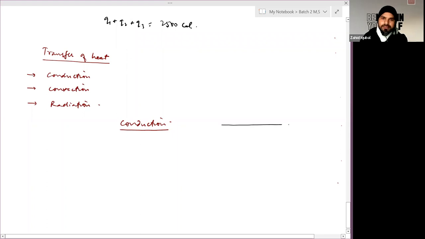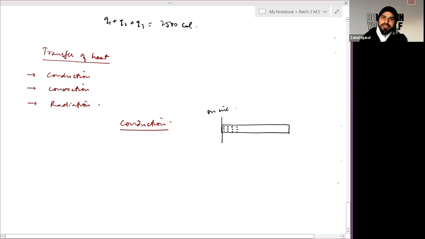Suppose there is a rod in which initially particles are arranged in their perfect manner like this. What will happen if you increase the temperature at any particular end, let's say at this end?